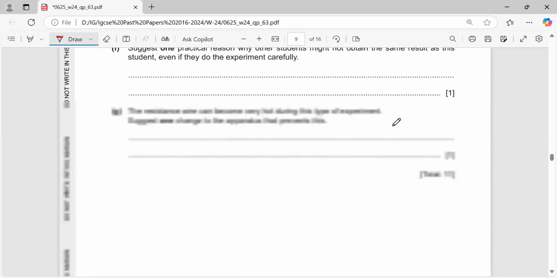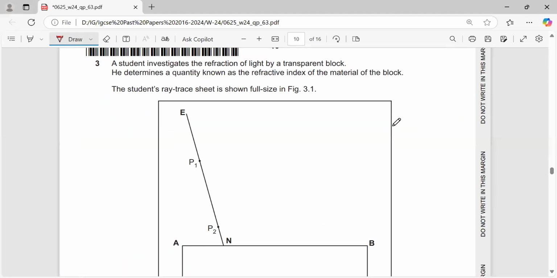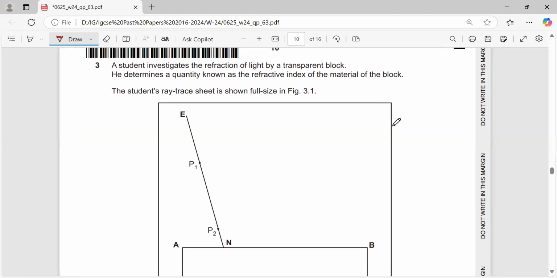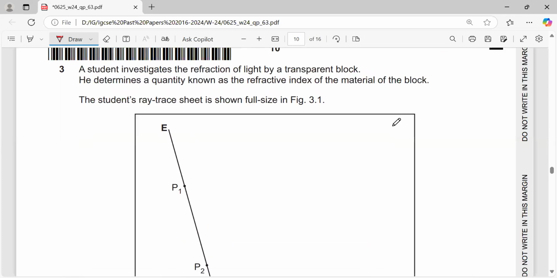This question is basically about light. Question number 3 is in front of us, and I'm sure all of you can hear me well. A student investigates the refraction of light by a transparent block. Transparent block means most probably it is a glass block.